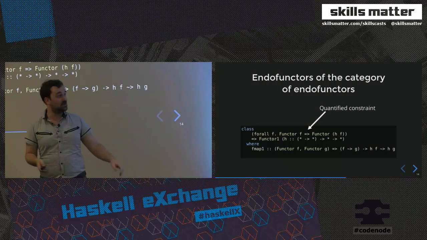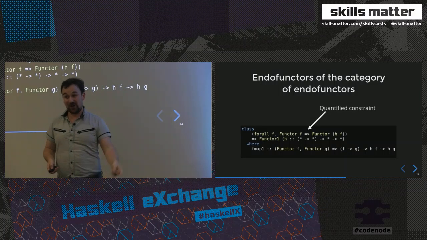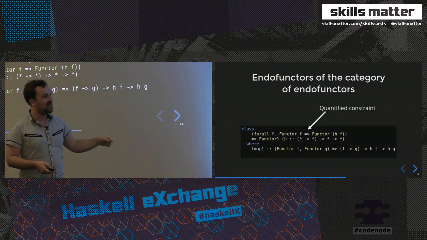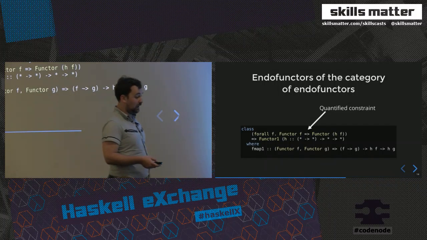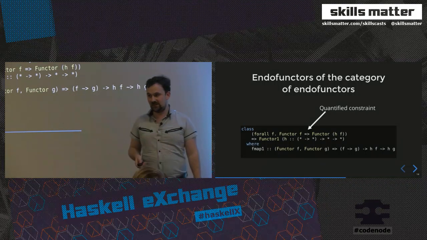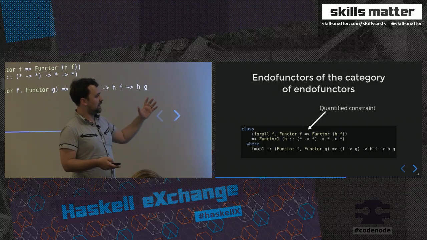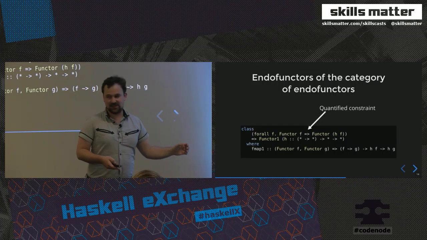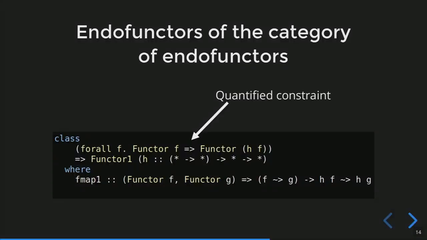So now I'm going to say, oh, H is such that for every functor F, H of F is a functor. And that's actually my entire class. This is the sort of thing that I couldn't do before, and I'm super excited that 8.6 let me do it. Try it out. It's fun.